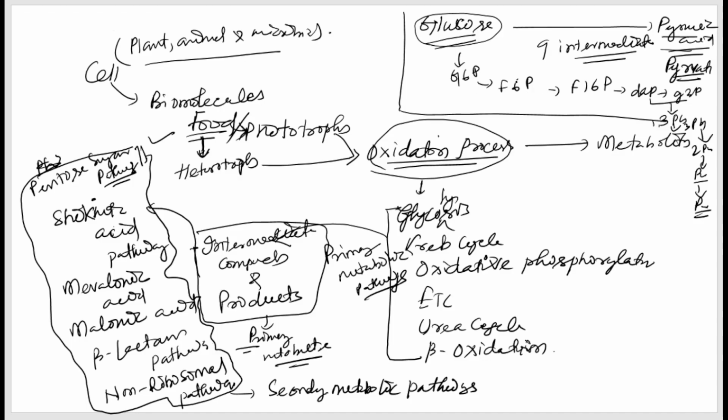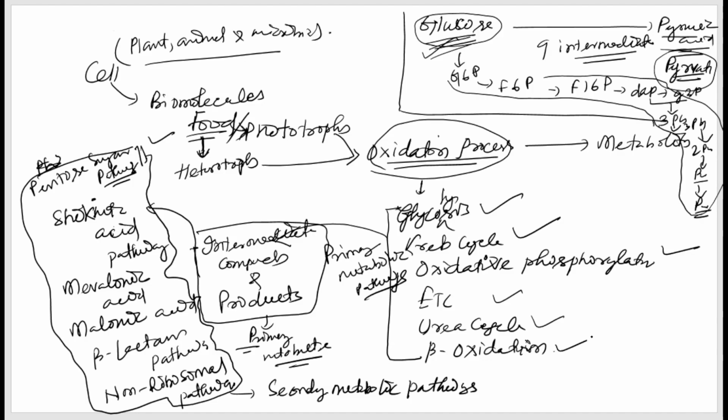So this is the whole reaction of glycolysis, where all the intermediates you can consider as primary metabolites. Similarly from pyruvate also. In all these reactions, the intermediates and the final product can be considered primary metabolites.